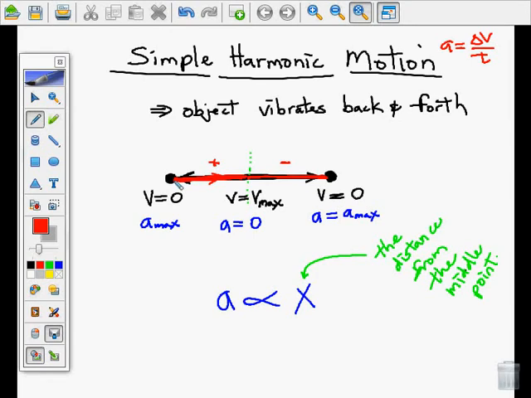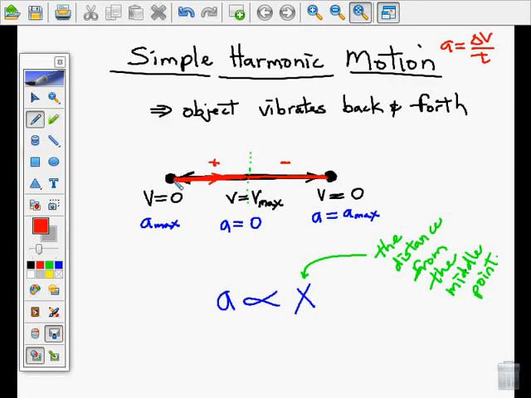I'm moving in the negative direction. But I'm slowing down. So if I'm slowing down in a negative direction, it's like a double negative, and my acceleration is positive. Very tricky stuff.